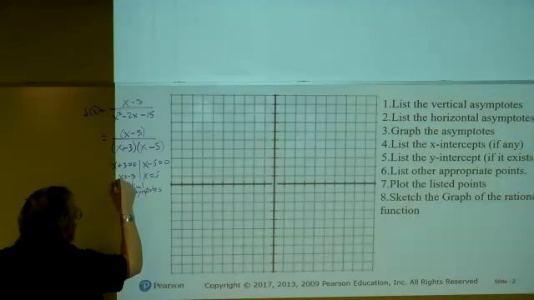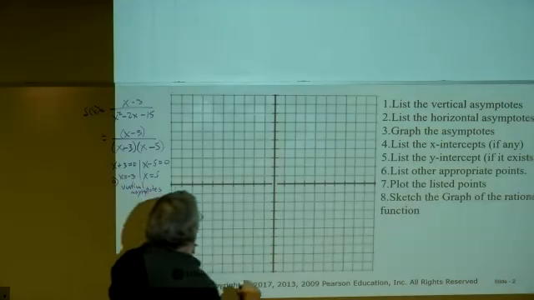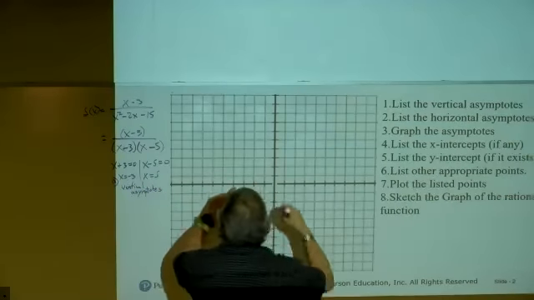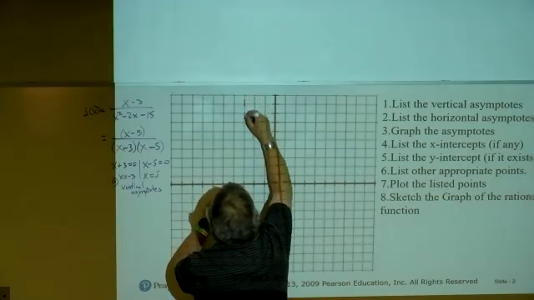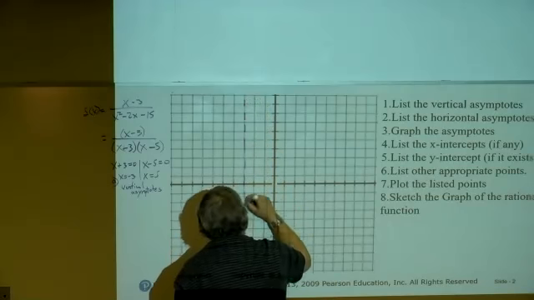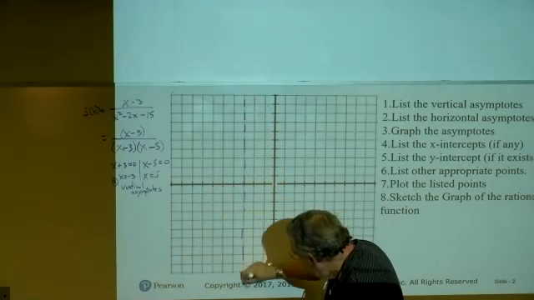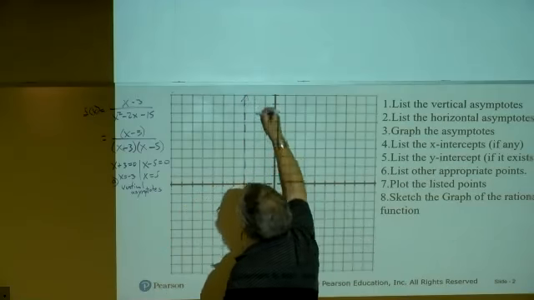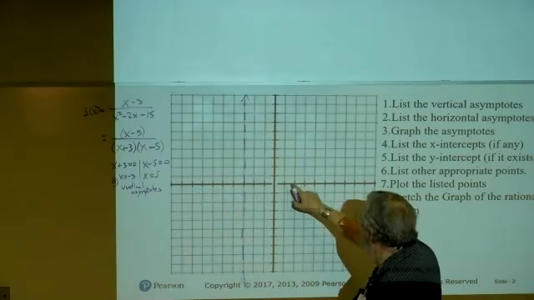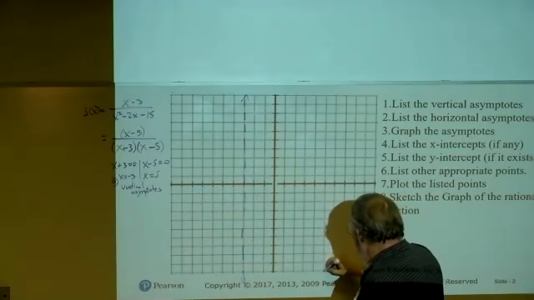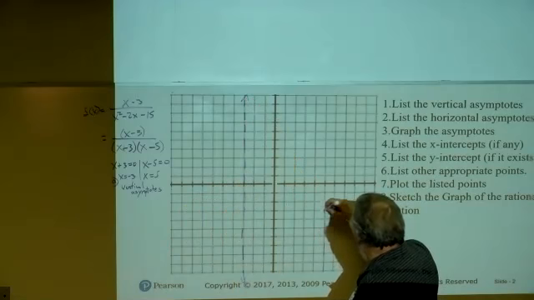This is letter A. At negative 3, 1, 2, 3, I have a vertical asymptote. And at positive 5, 1, 2, 3, 4, 5, I have another vertical asymptote.